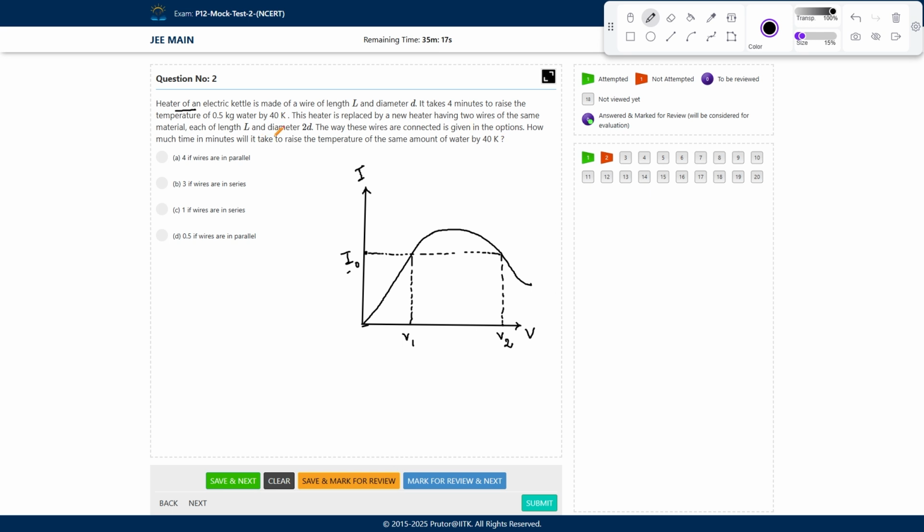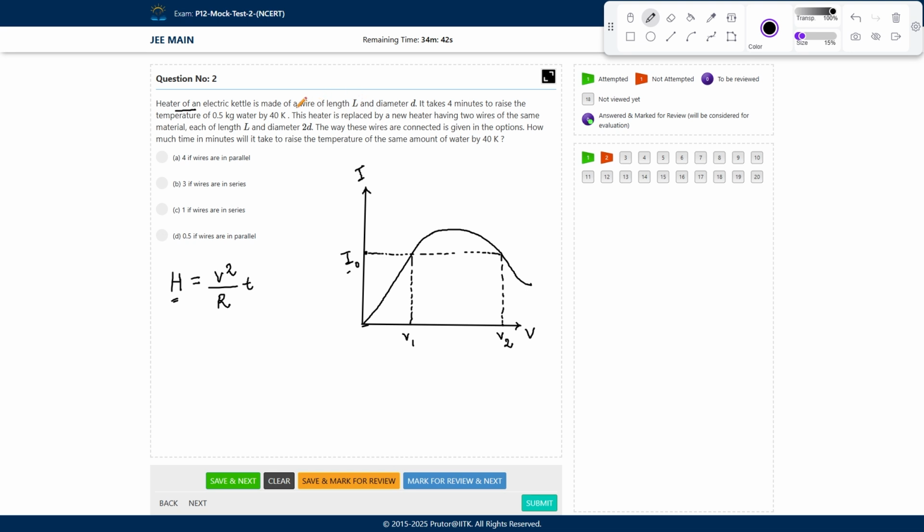We have to raise the temperature of 0.5 kg of water by 40 K, and when we change the electrical heater, in the second condition we again have to raise the temperature of the same amount of water by the same temperature. This means the energy provided is the same in both cases. The energy dissipated, or consumed, is represented by H, and H is V square by R times T. This H is the same in both cases.